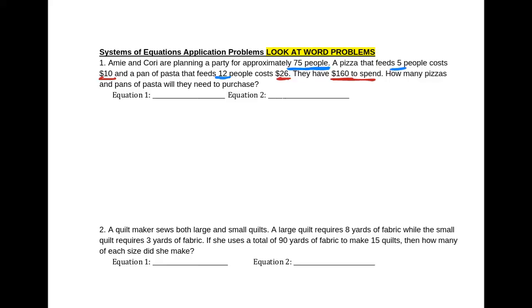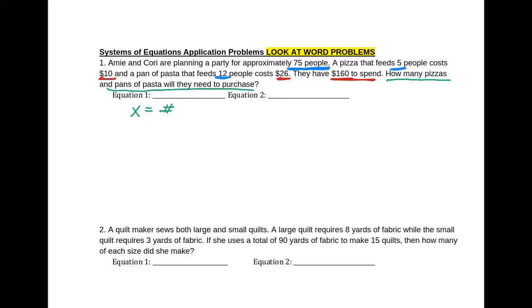Okay, this question often tells you what your variables are going to be. Okay, so let's say, do you guys like using X and Y? It's always weird if they use different variables, isn't it? No? Okay. How many pizzas? Let's let X be the number of pizzas.